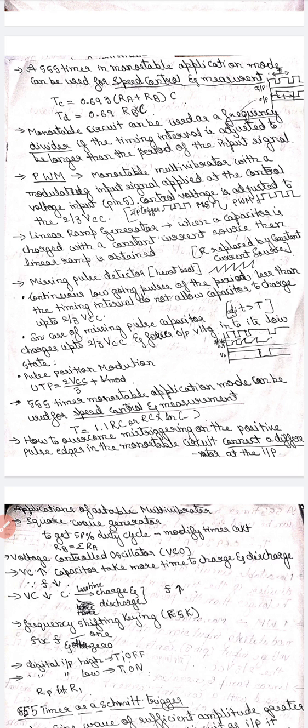Missing pulse detector, the application is a heartbeat. Continuous low going pulses of a period less than the timing interval do not allow the capacitor to charge up to 2/3 V_CC. In case of a missing pulse, the capacitor charges up to 2/3 V_CC and forces the output voltage into its low state.